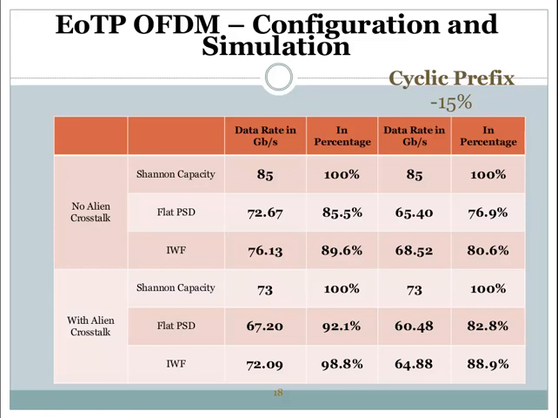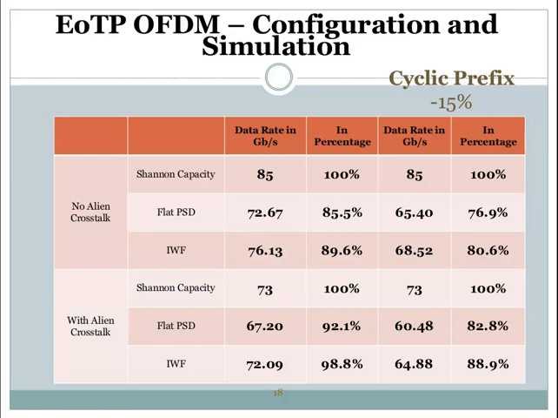And even if we consider the cyclic prefix, we can still achieve 65 without iterative water filling, or 68 with iterative water filling. So this means we should consider OFDM as a candidate for the next generation Ethernet transmission. A similar conclusion can be obtained from the scenario where alien crosstalk is considered.